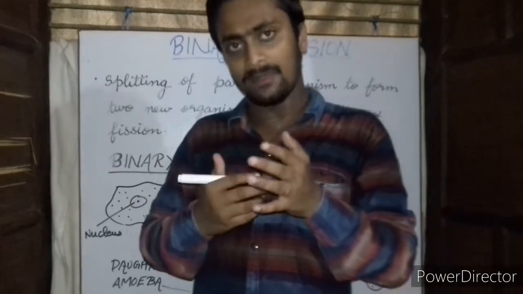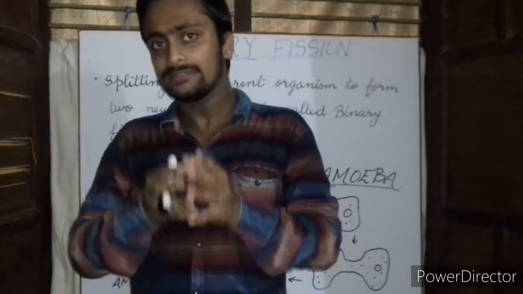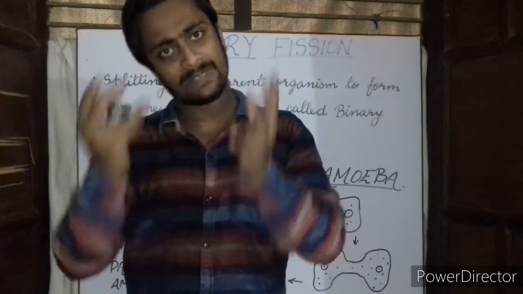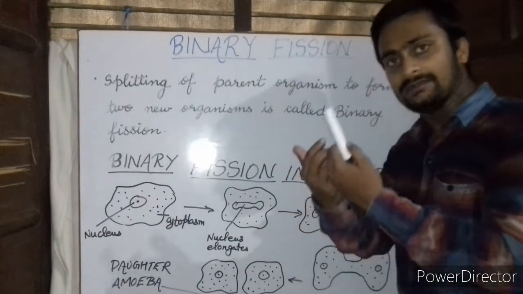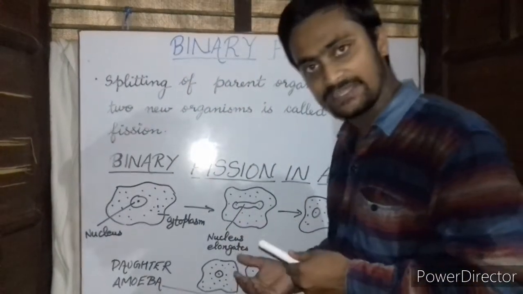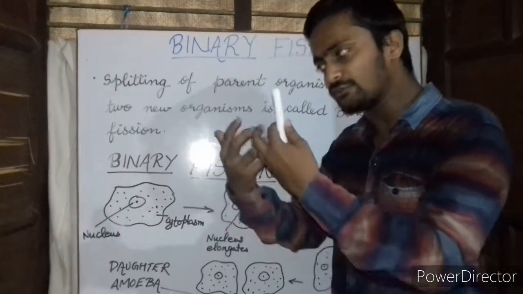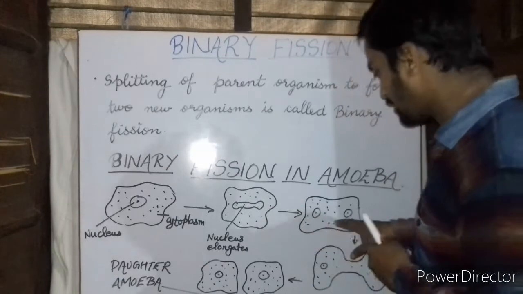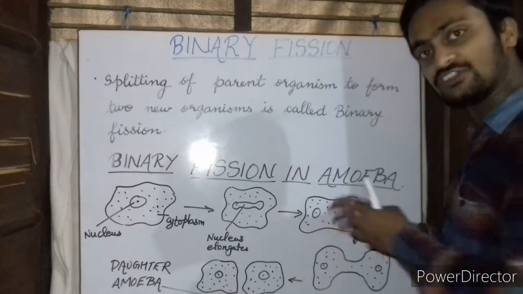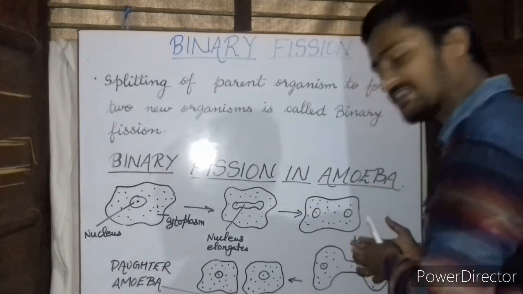Once the amoeba has eaten and has grown to its maximum length, what happens? The elongation or the lengthening of the nucleus takes place. After the lengthening of the nucleus, this nucleus gets divided into two daughter nuclei which are present inside the same organism.